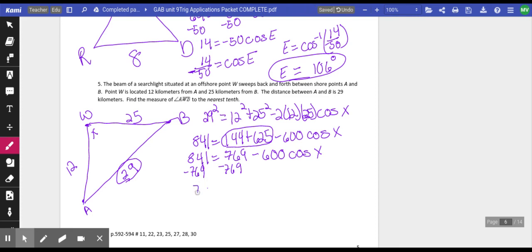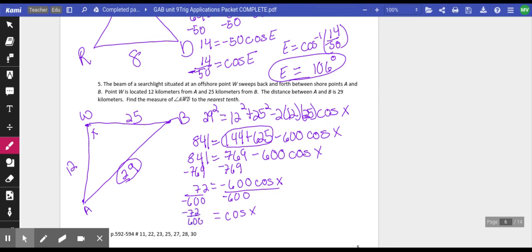which gives me 72 equals negative 600 cosine of x. That negative 600 is times the cosine of x, so I need to divide both sides by negative 600. So I get the cosine of x equals negative 72 over 600.